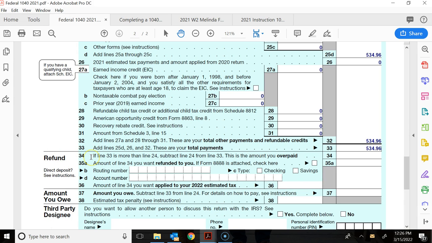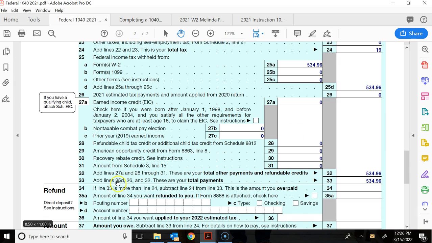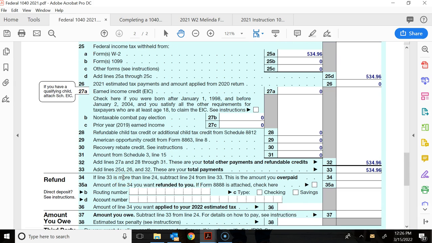Line 34 says if line 33 is more than line 24, subtract line 24 from line 33. This is the amount that you overpaid.